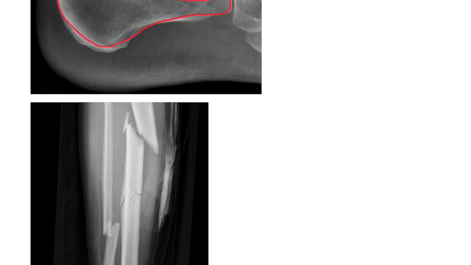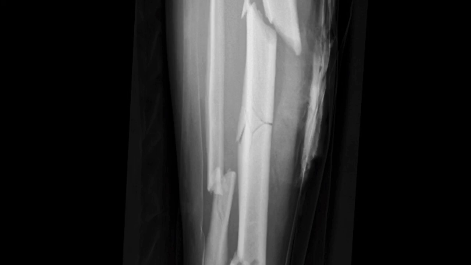Next one, same to same, this is the tibial bone, fibula. Here you can see a segmental fracture of the tibia and fibula.